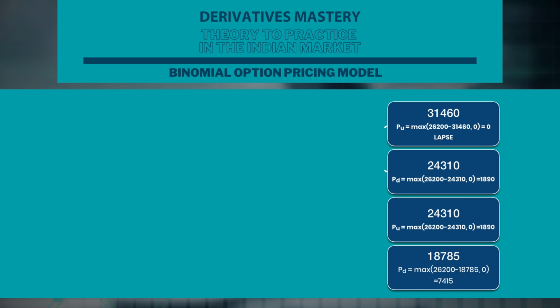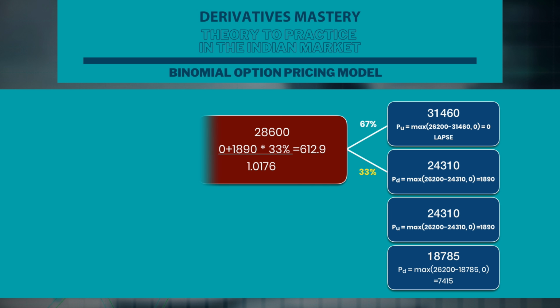Now let us move on to the previous quarter. So let's plug in the values in the formula, where 0 plus 1,890 into 33% divided by e to the power 7% into 3 by 12 gives us 612.9. So here e to the power 7% into 3 by 12 is 1.0176. So here the weighted average of these two payoffs is calculated and its present value is computed.